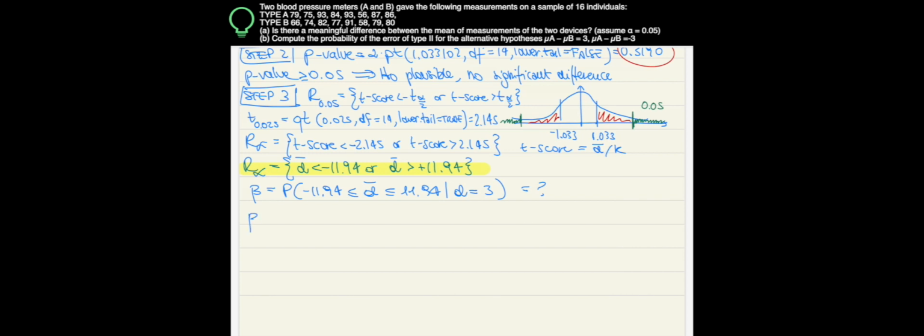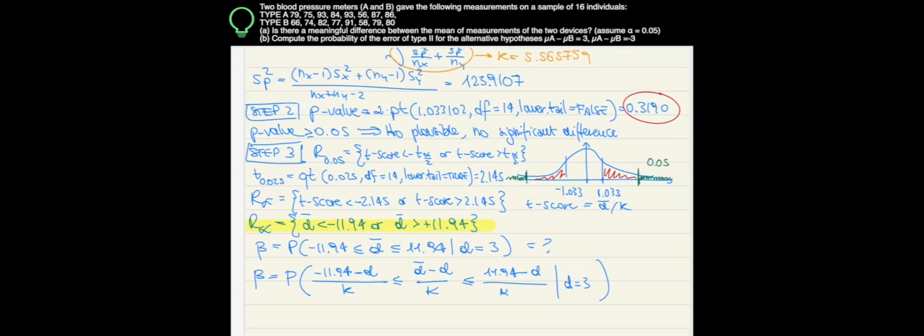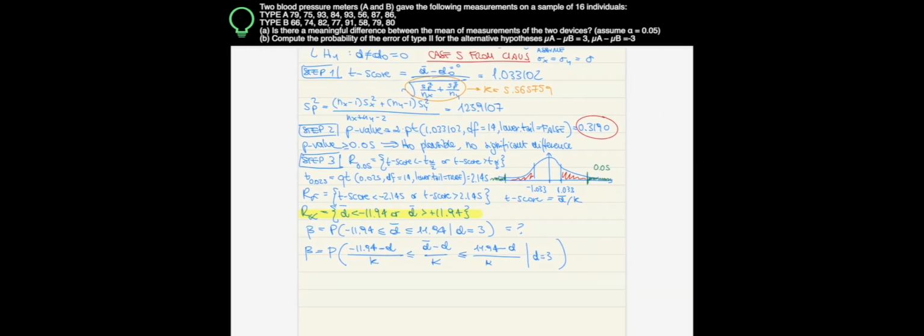So we don't know this one. However, with a simple calculation, we can write that this is equal to the probability, for minus 11.94 minus d over k to be lower or equal than d bar minus d over k to be lower or equal than 11.94 minus d over k, where d is equal to 3 and k is the number that we have calculated before.